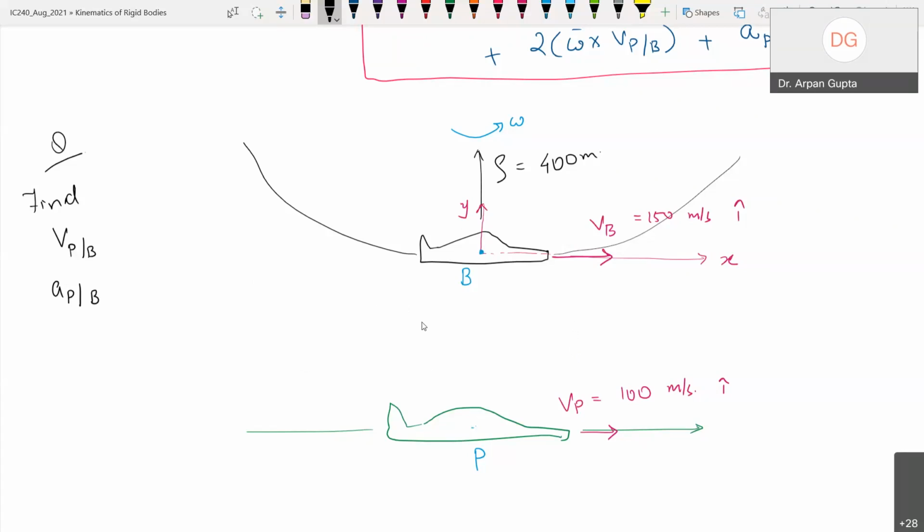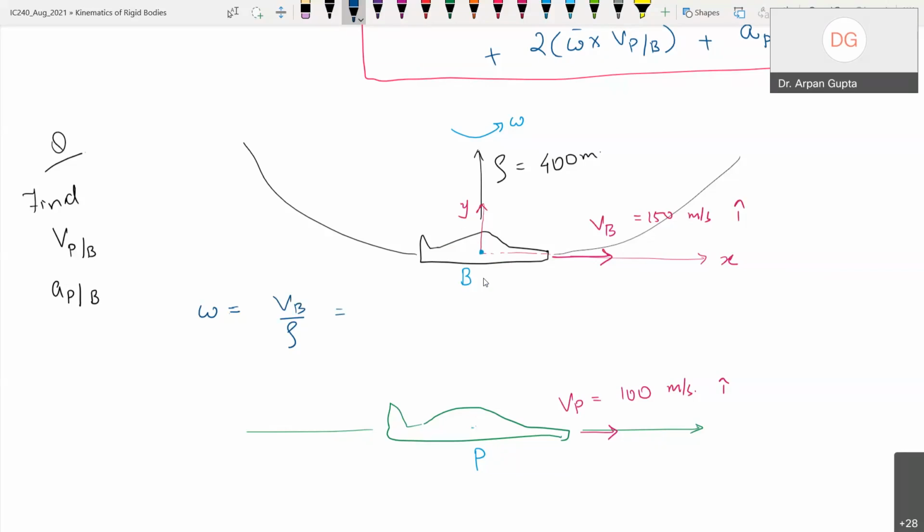What we will see is that the answer is not that, because this is a rotating frame. Point B is rotating with an angular velocity omega, and therefore it is not going to be so obvious. Let's first calculate the omega. So omega is equal to VB by rho, and these numbers are given to us.